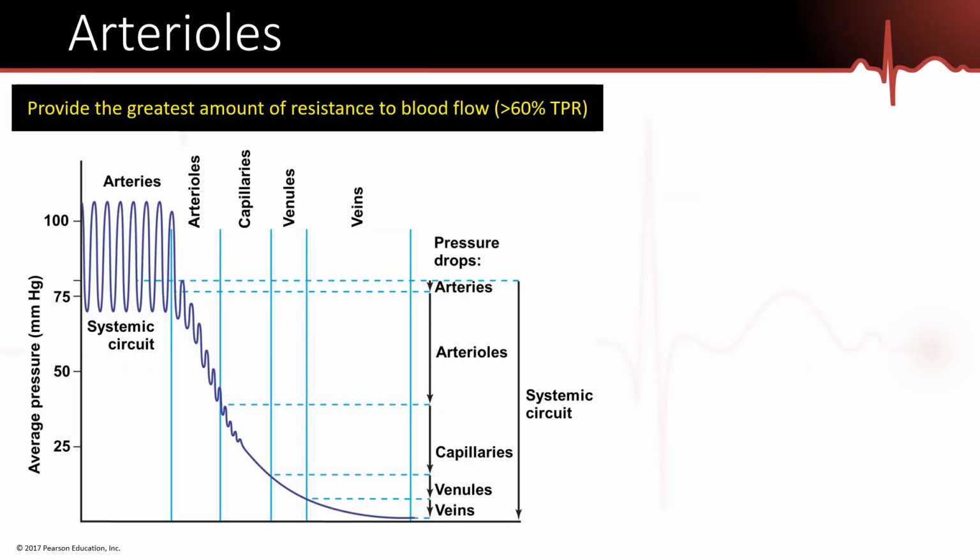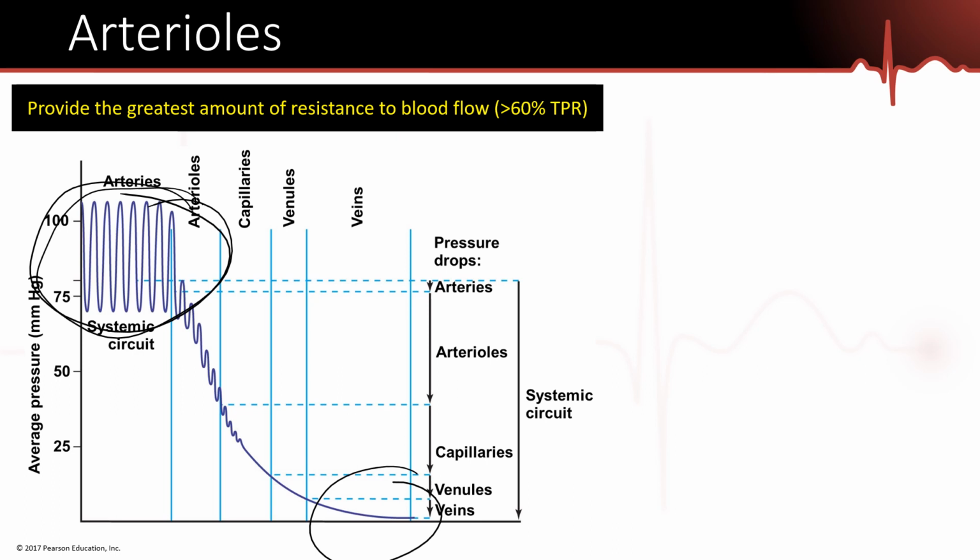So you've seen this before. Here are the arteries. Here are the veins in the systemic circuit. Now what happens? The left ventricle contracts, and the left ventricle incredibly forcefully ejects blood out into the systemic arteries. Okay.